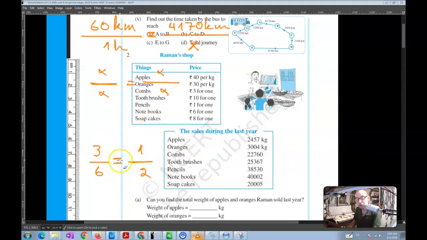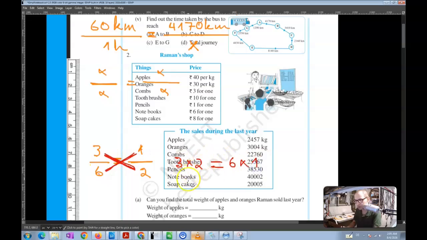Now this is of course a proportion, and this is a valid proportion. Now in a valid proportion like this, you can always cross multiply, meaning that you can multiply these two together, and then you can multiply these two together. These two multiplications are going to have the same value, meaning that if I multiply these two together, that would be 3 times 2, and that should be equal to 6 times 1, right?